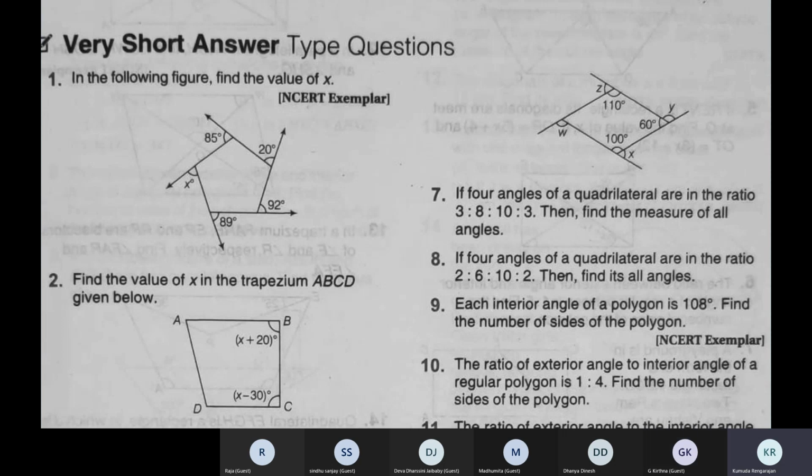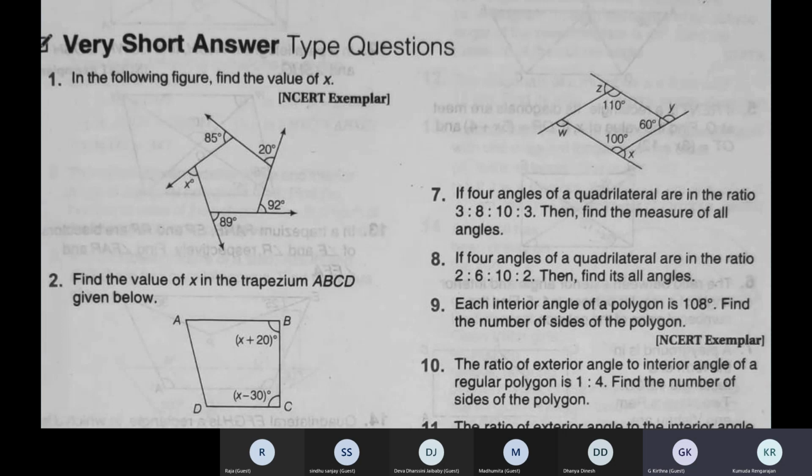No, no, no. It's not given that the lines are parallel. Parallel lines cannot be assumed. It should be given. But you've identified the position of alternate angles correctly. W and 100 are alternate angles by position, but they're not equal because the lines are not parallel.